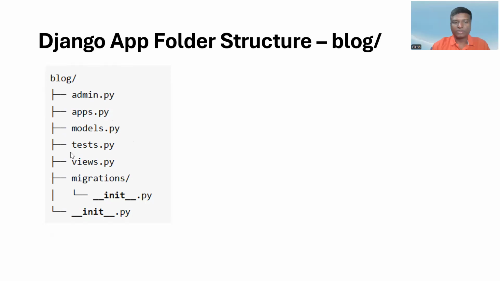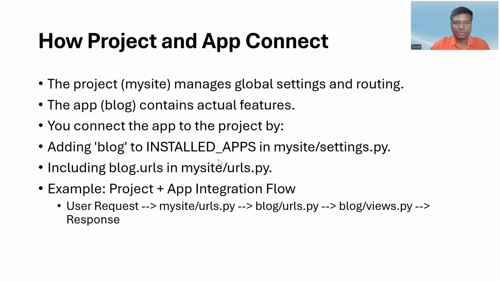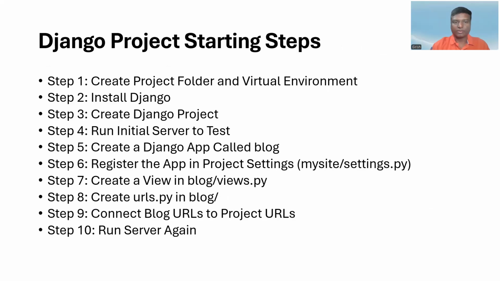You can see the blog app folder structure like this. How the project and app connect, I will explain in these steps. These are the basic steps that you need to follow, but I'll show you how to create them.